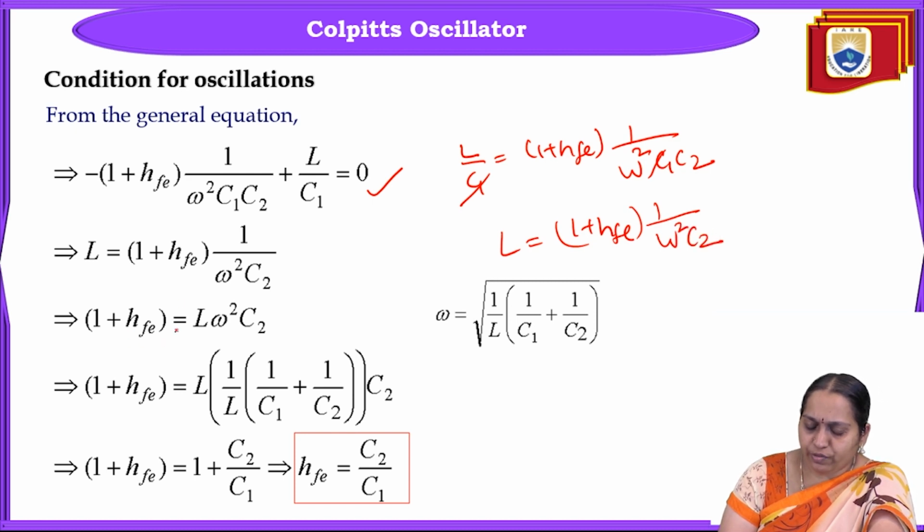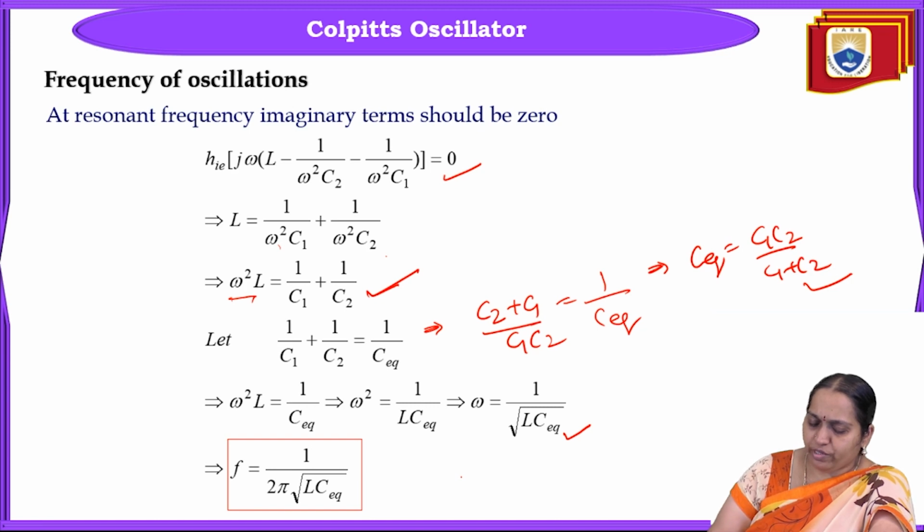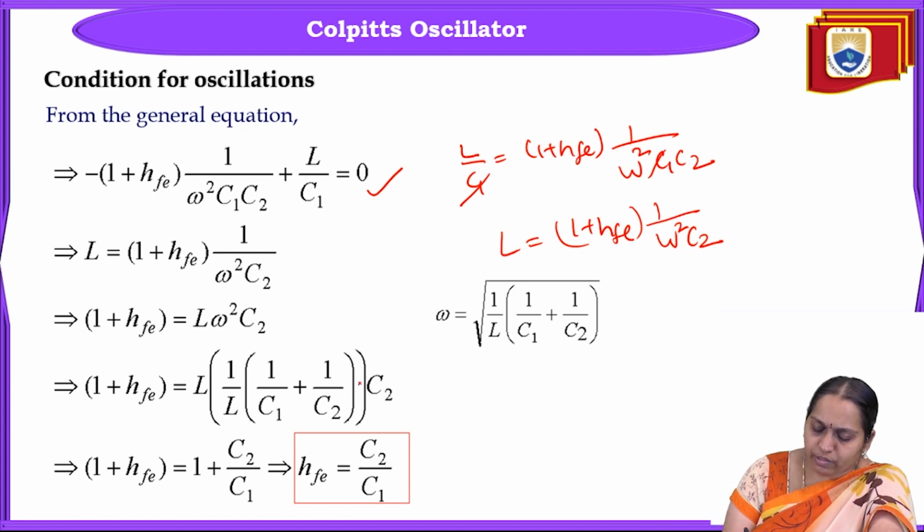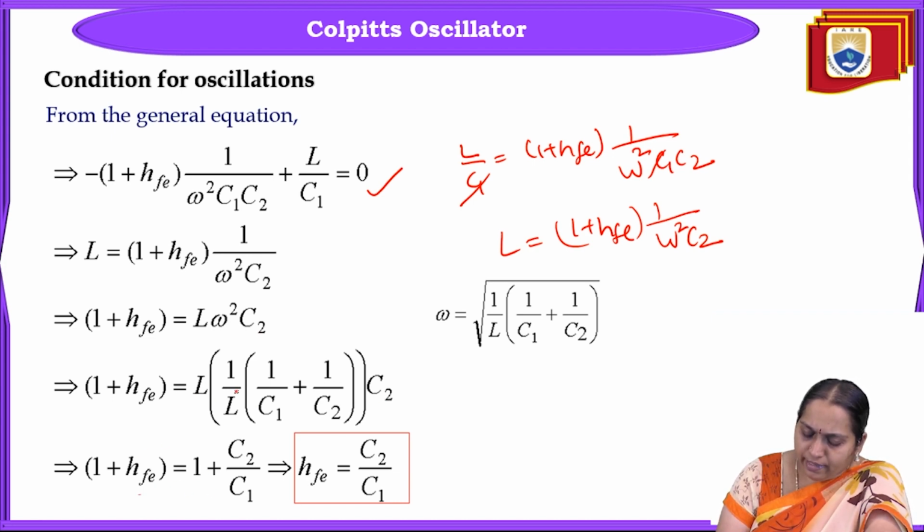So 1 plus HFE equals 1 by L into omega square C2. What is omega square? In the previous equation you have seen omega square is equal to 1 by L into (1 by C1 plus 1 by C2). So 1 plus HFE equals 1 by L into (1 by C1 plus 1 by C2) into C2. L and L get cancelled in the numerator and denominator.